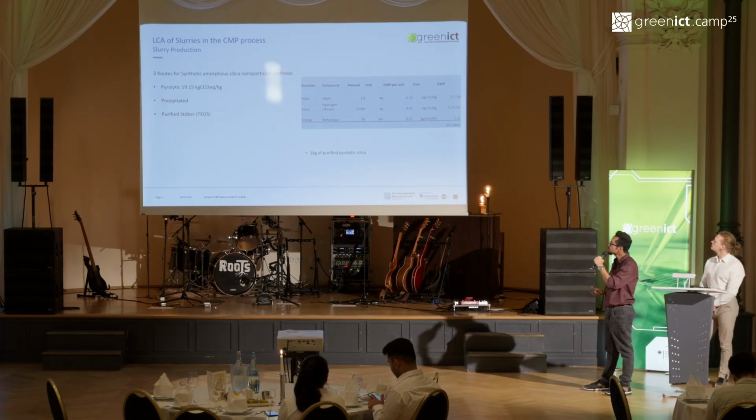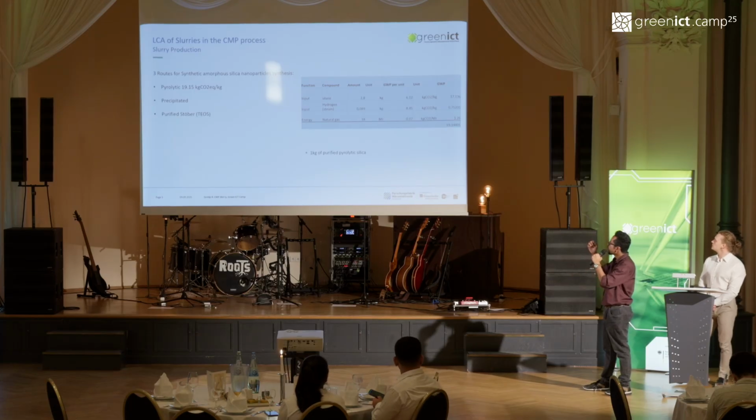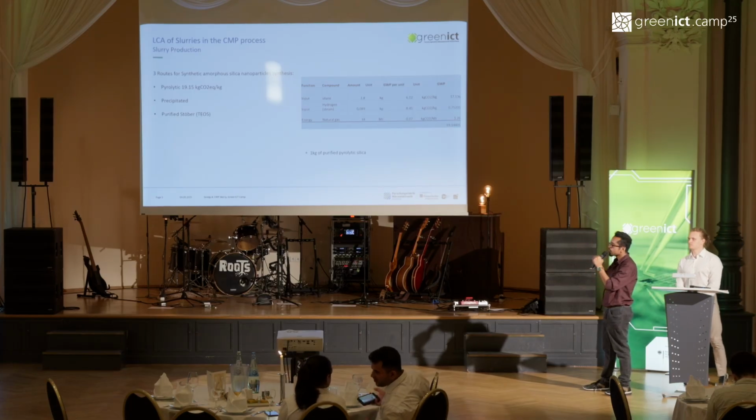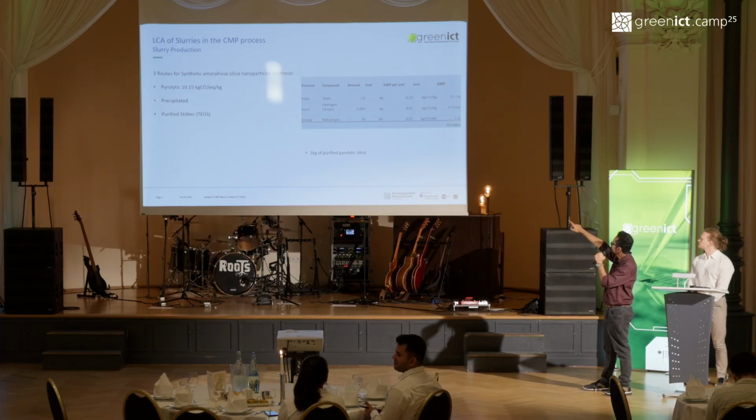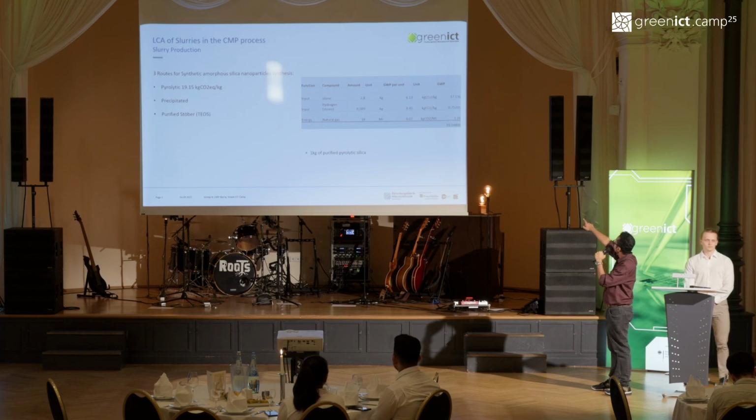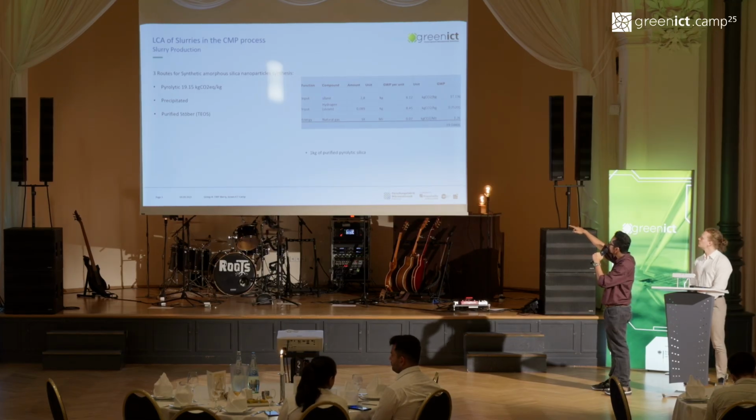silica. In order to generate this, we need silane. That's the main component here. As you can see from the table, it corresponds to around 17.136 GWP, and the other input that we require is hydrogen.